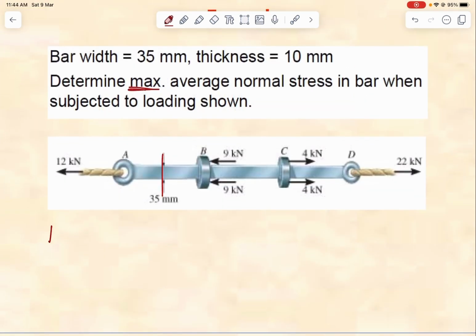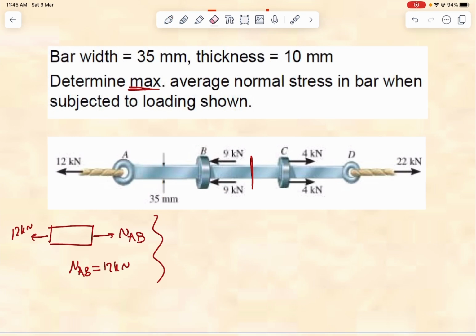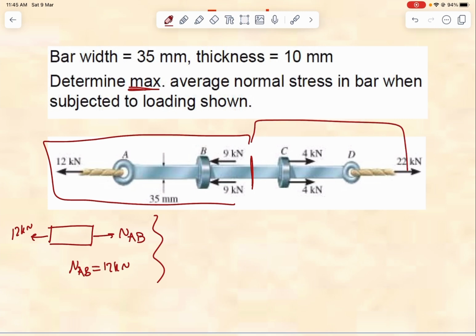The way we solve these questions is, we make a cut and draw a free body diagram for each section. So here it is 12 kilonewton, and this one, NAB, is equal to 12 kilonewton. Okay, let me make another section over here. Okay, we are done with this section. So I will take all of this, or you can take all of this, it's gonna be the same, it does not matter.